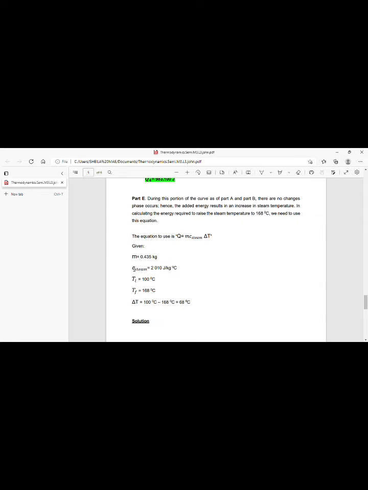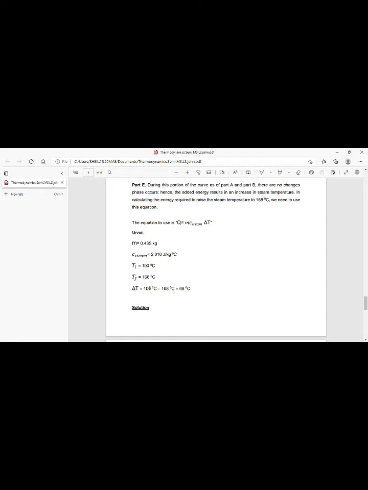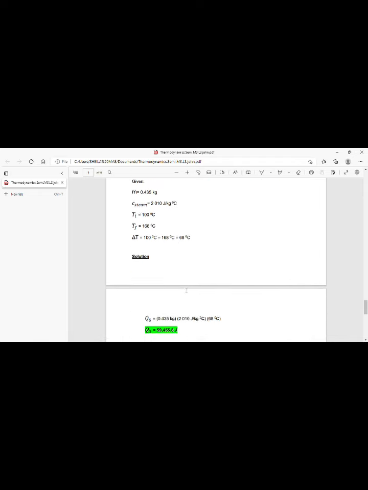The specific heat of steam is equal to 2010 joules per kilogram degree Celsius. The initial temperature is 100 degrees Celsius and the final temperature is 168 degrees Celsius. Change in temperature is the final temperature minus the initial temperature. Then this is our change in temperature: 168 degrees Celsius minus 100 degrees Celsius equals 68 degrees Celsius.